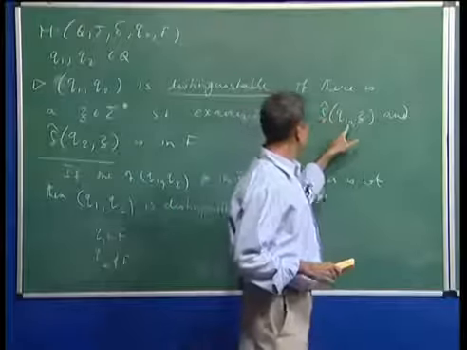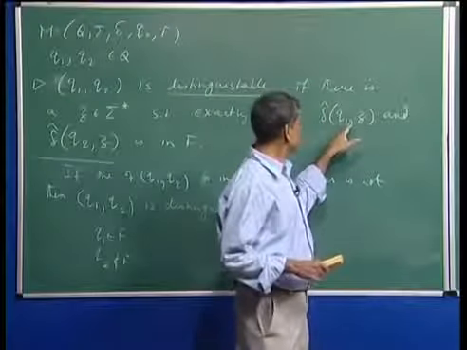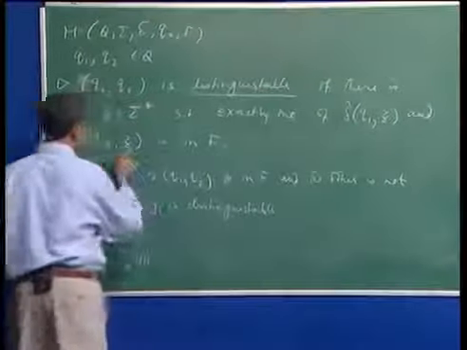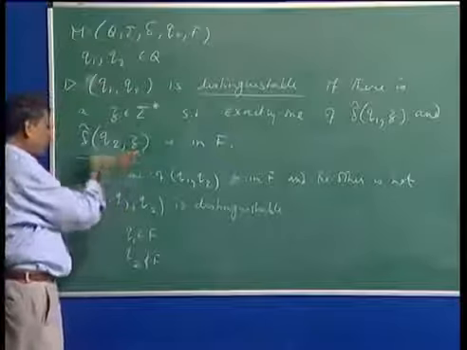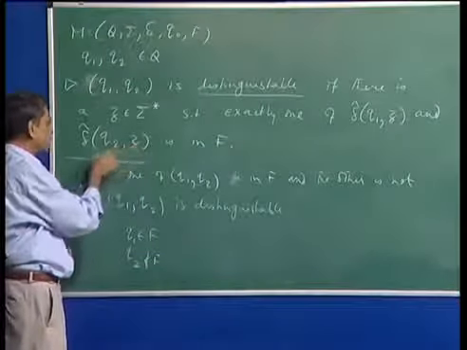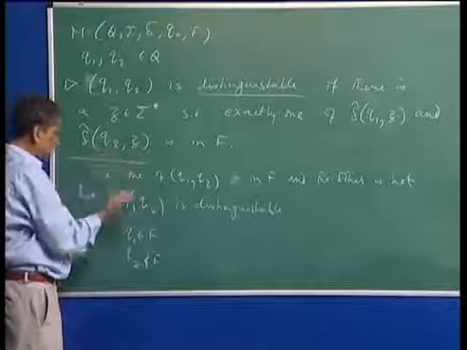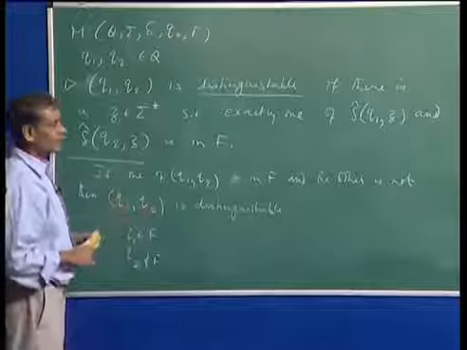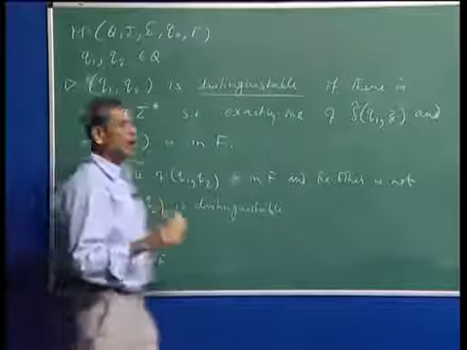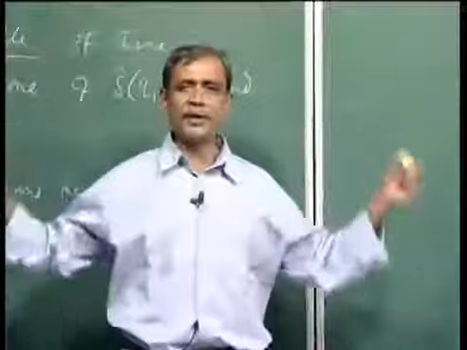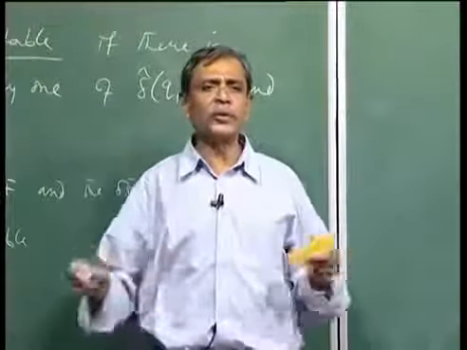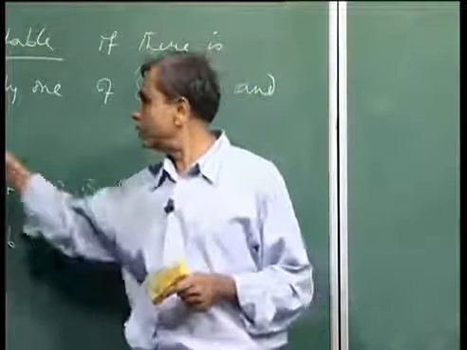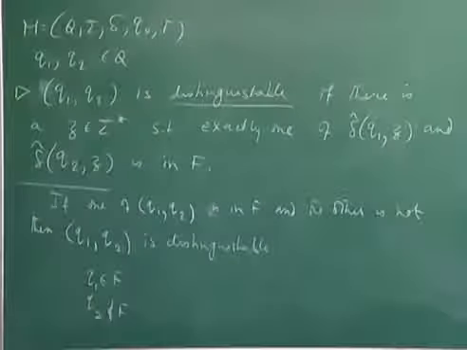Delta hat of Q1 and epsilon is Q1, which is a final state, whereas delta hat of Q2 and epsilon will be Q2, and Q2 is not a final state. In that case, of course, this pair is distinguishable. So that's how our algorithm would start to find out the set of all possible distinguishable pairs of states.